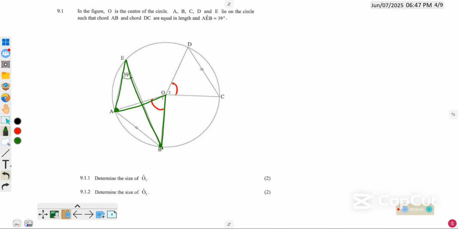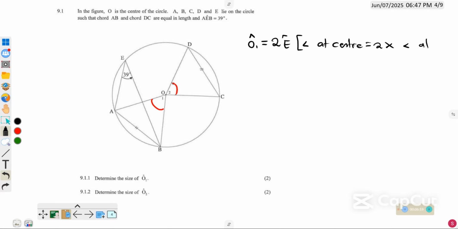As you can see, O1 will be twice E. So angle O1 will be equal to 2 times angle E. This is the angle at the center, which is equal to 2 times the angle at the circumference, as we've seen in the previous video. So angle O1 should be 2 times 39 degrees, which is 78 degrees. Makes sense. Right, so that's what we have.